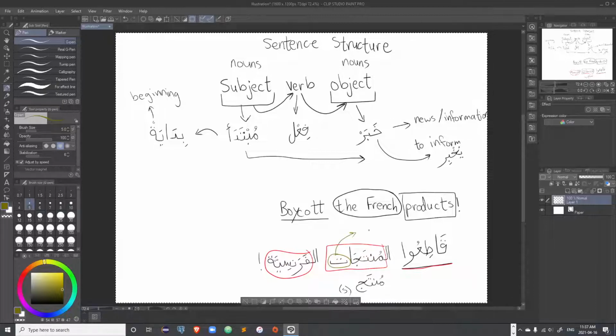So normally if you see a ta at the end of a plural, it means this noun has become feminine, even if it is masculine as singular. Which means that for فرنسية, you will use a feminine adjective. If you were speaking about a masculine adjective, you will remove the ta marbuta. So this is called feminine ta.